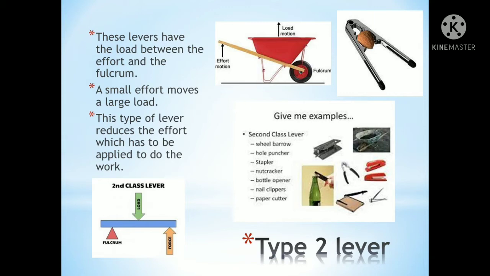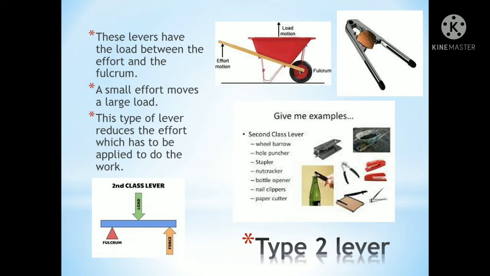You are taking the load there, the effort you are giving with the hand, and the wheel is the fulcrum. The wheel is helping us. So a very small effort moves a large load. Many large loads we can move with this effort. This type of lever reduces the effort which has to be applied to do the work.